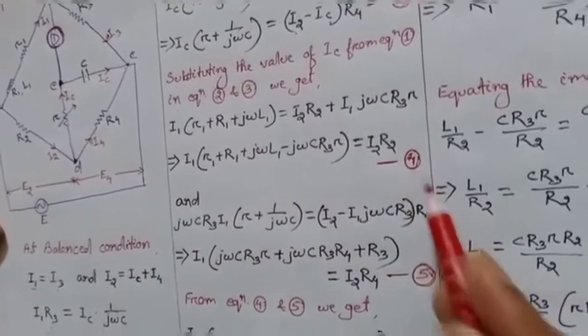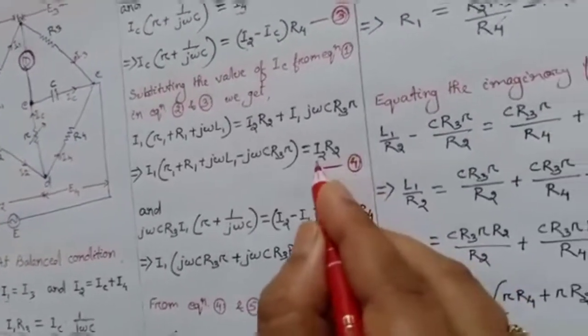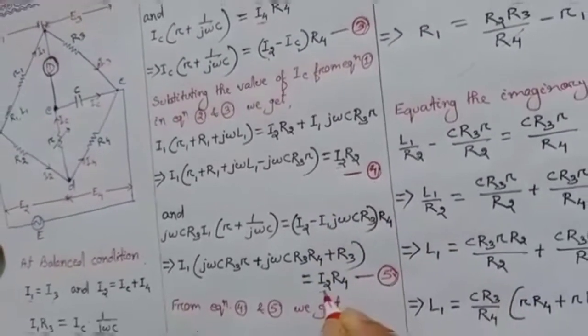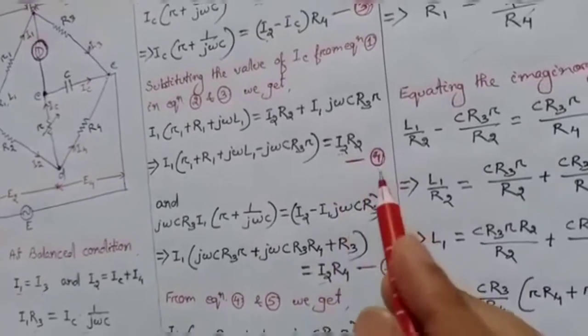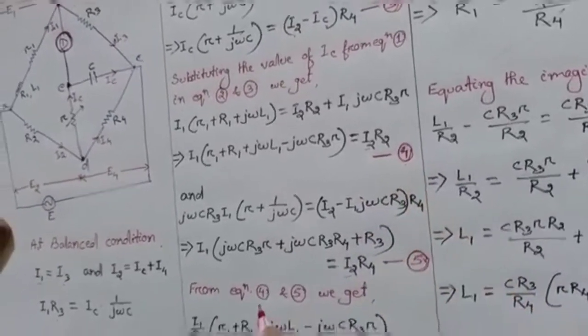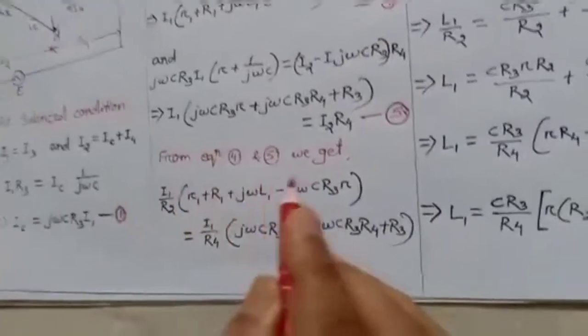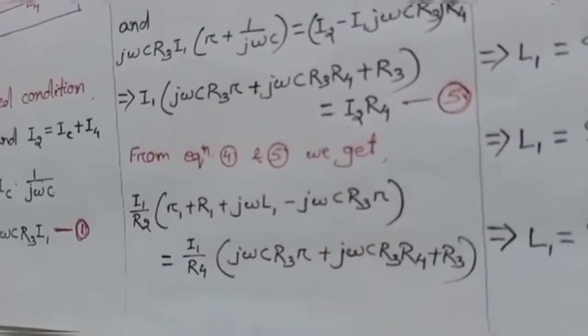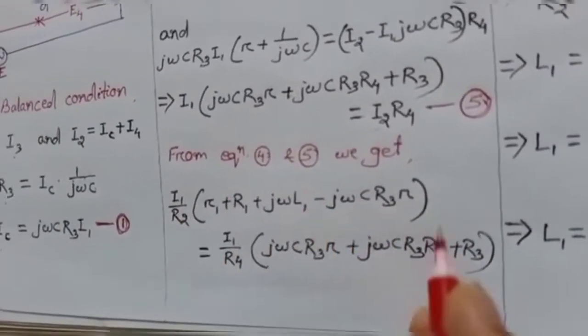Then if I equate equations 4 and 5, since both have I2, I2 cancels and I get this value.